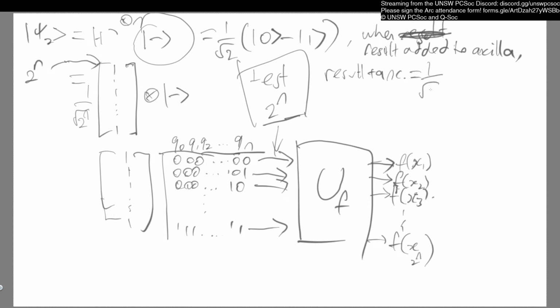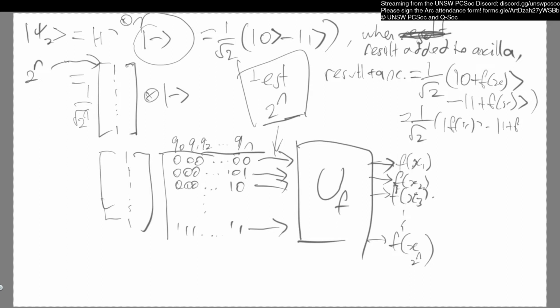It's going to be equal to half of 0 plus f of x minus 1 plus f of x. Okay, and you can design gates that can do this. This simplifies to, well, 0 plus anything is just that anything, right? 1 plus f of x.